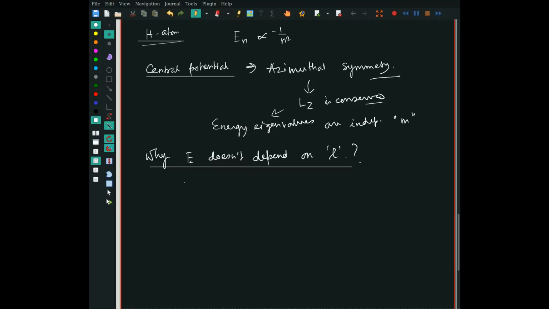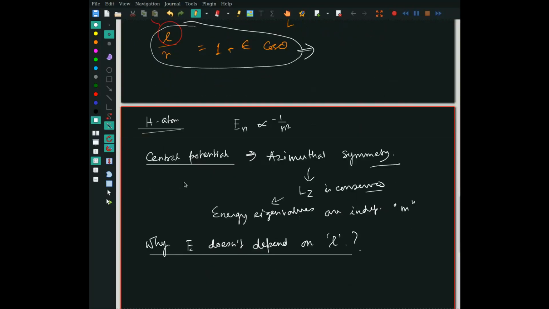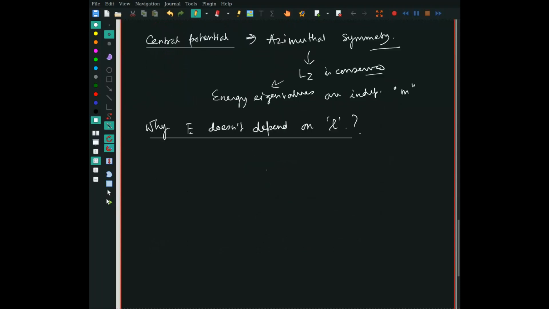Anything that you have solved exactly, let's say free particle, particle in a box, doesn't have a spherical symmetry. Anyway, let me try to give you a hint here.